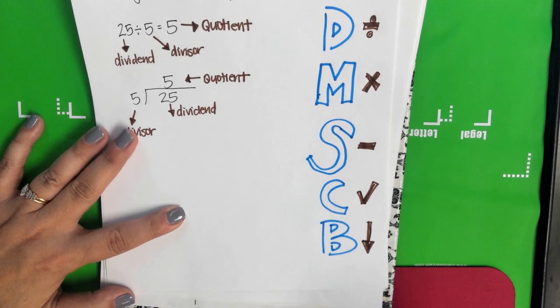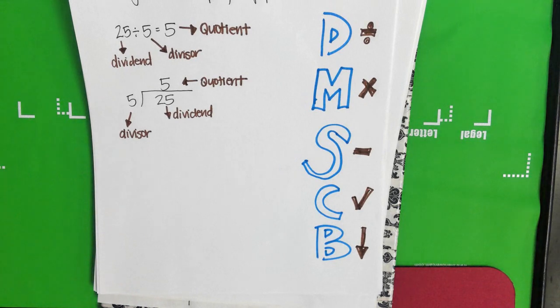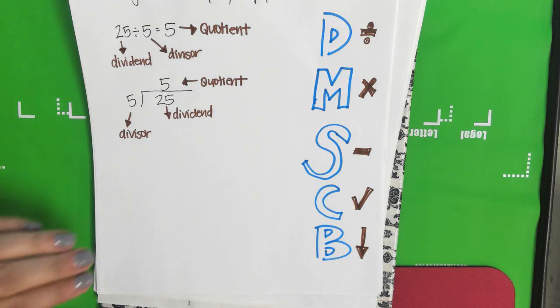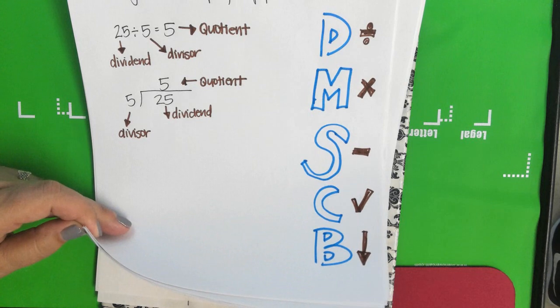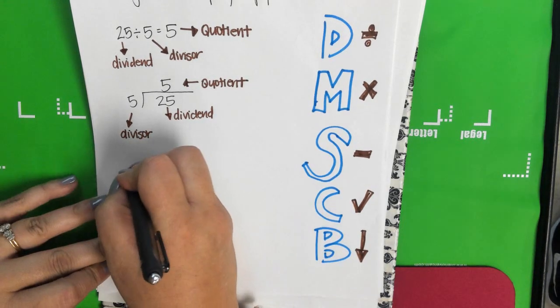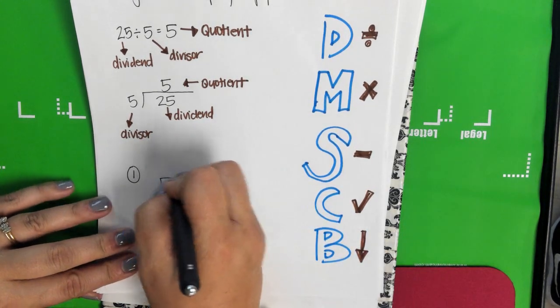Okay? And the great thing about math, guys, this never changes. So you will follow these steps over and over and over. Every time you divide, it will never change. I'll give you a second to get those written down. Then we're going to do some examples together.